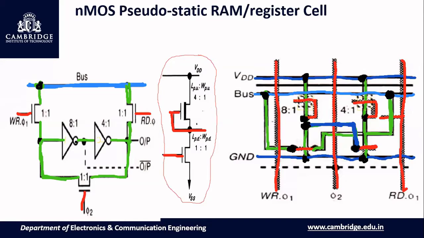Done. What is left out? One more connection is left out here. The output of the second inverter should be connected to one end of the diffusion. That is connected. Clear? Like this, we can draw the stick diagram for the NMOS pseudostatic memory cell.